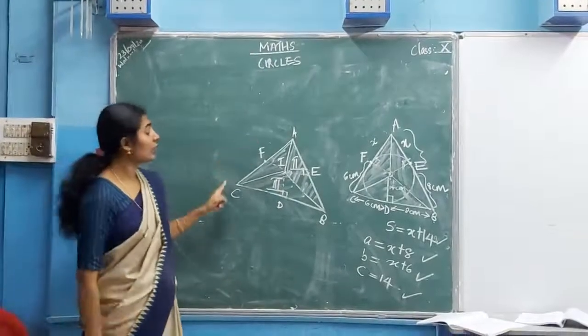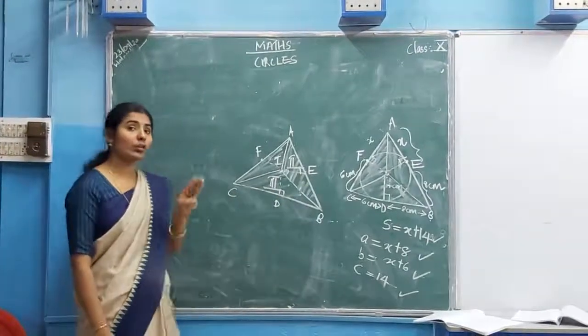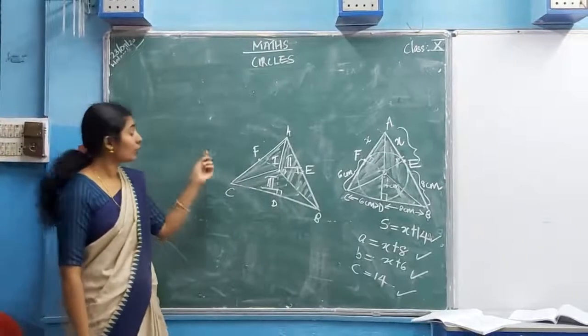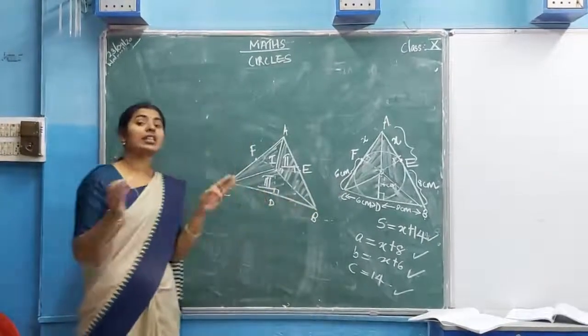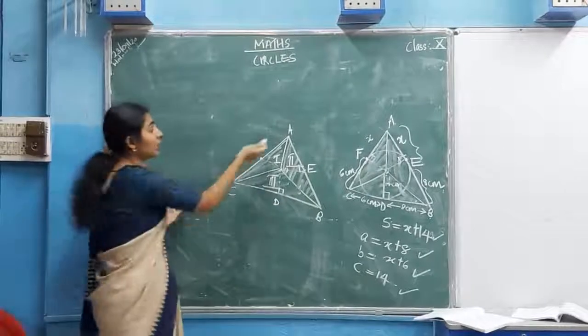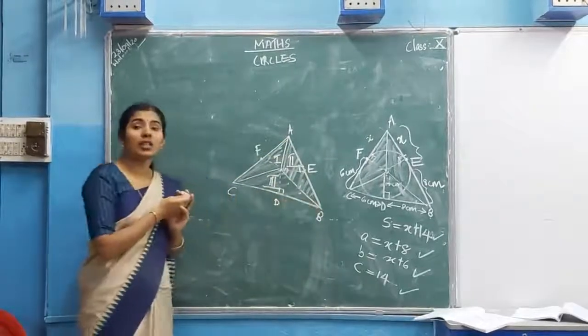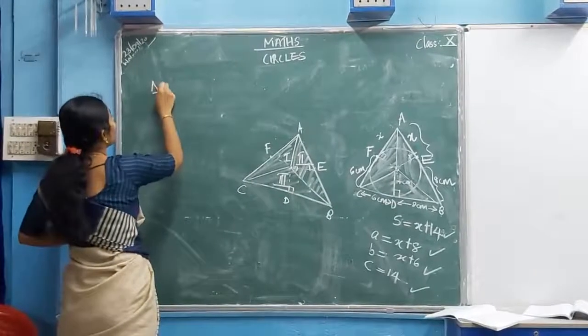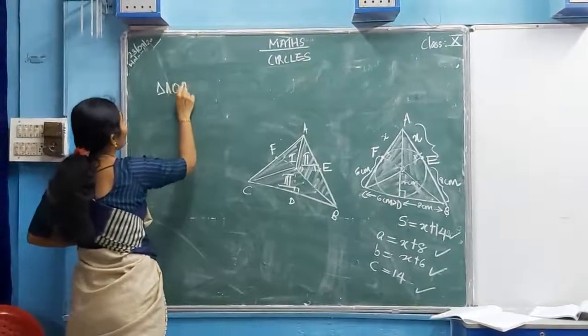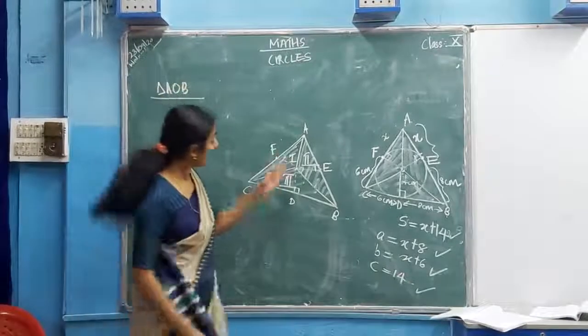From this given figure, you can see triangle ABC is the combination of 3 triangles. So for each triangle, you should find the area. When you are adding the 3 triangles, you will get the area of triangle ABC. So first of all, you should consider triangle AOB.